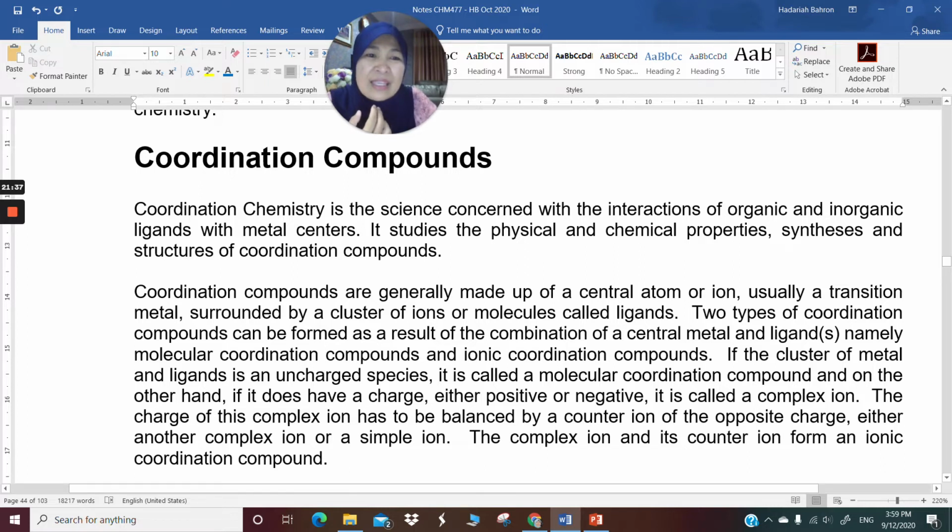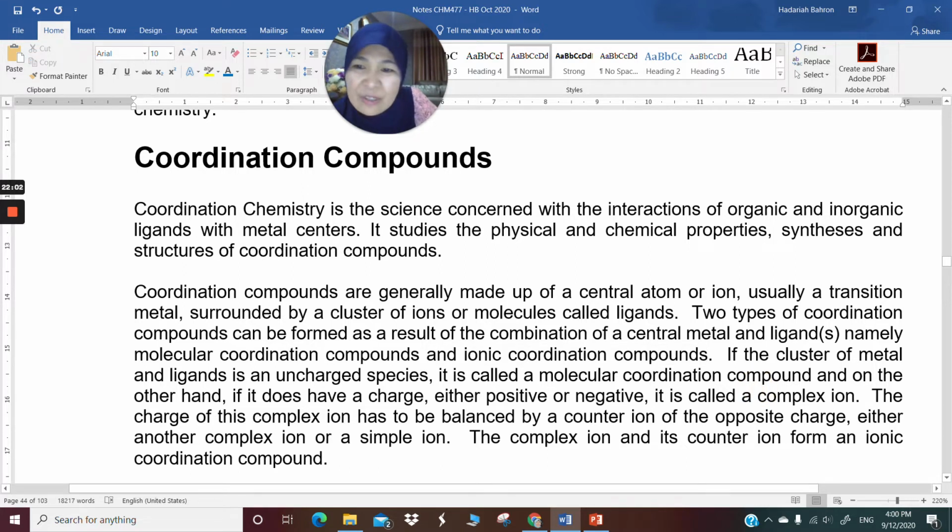Two types of coordination compounds can be formed as a result of the combination of central metal and ligands, namely molecular coordination compounds or ionic coordination compounds. If this is not making sense to you now, just stay put. You are going to see this clearly later.